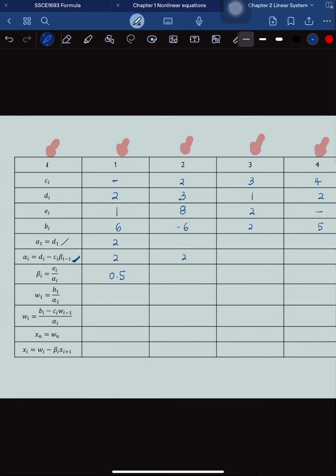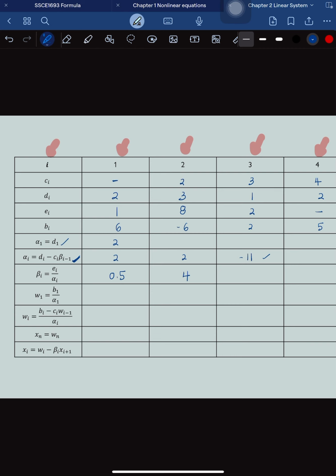Beta 2 equals E2 divided by alpha 2, so equal to 4. Then the next one: 1 minus 3 times 4, negative 11.